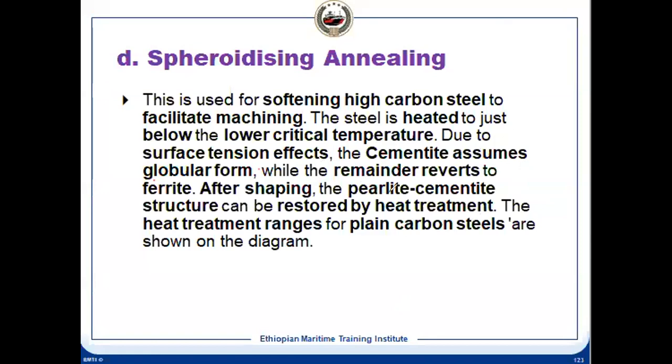Cementite means very strong, and pearlite, as we have seen, is a layer of one ferrite, one cementite. So this combination is a strong structure, which fulfills our desired chemistry and strength. We do this only for machining of hard steel.